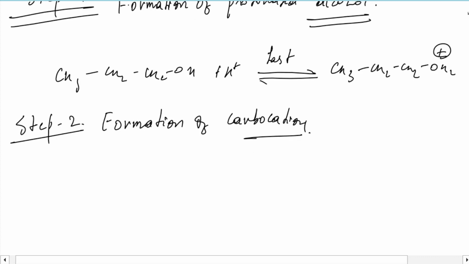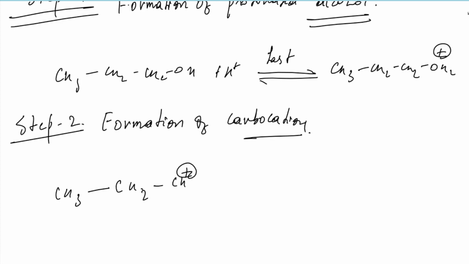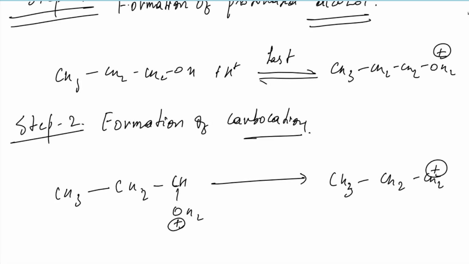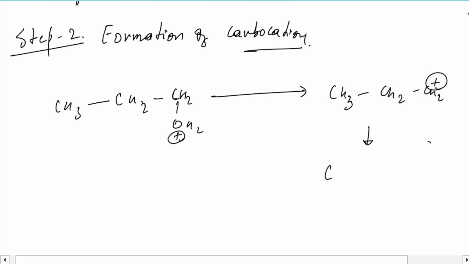This OH2 positive on the more electronegative oxygen is highly unstable, so it will just leave and form a carbocation, that is CH3CH2CH2 positive, which will rearrange to form the secondary carbocation CH3CH positive CH3.